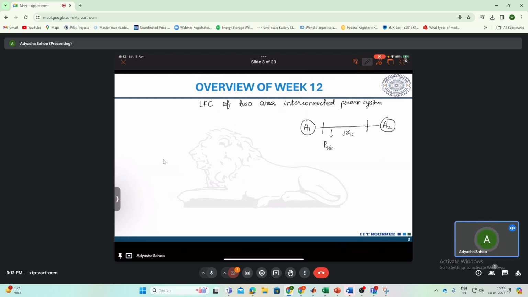We assume that the resistance of this tie line is neglected, basically R12 is taken as 0, and let's say the power flow direction or current flow direction is from area 1 to 2, which is represented by I12.